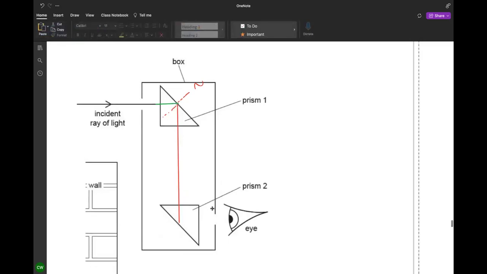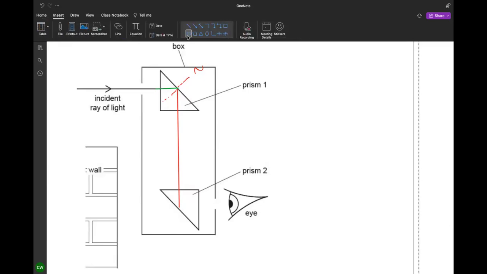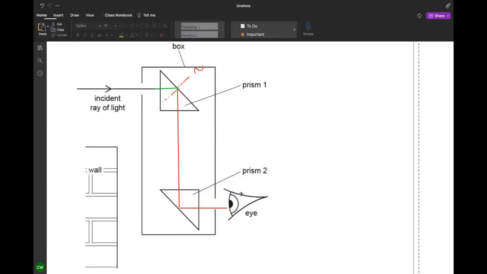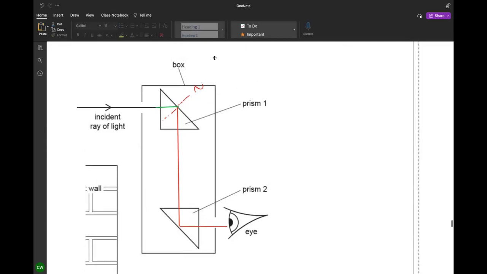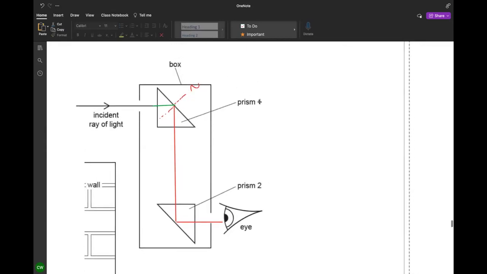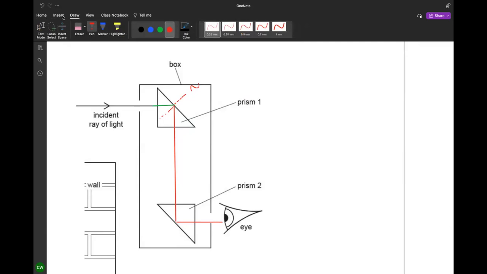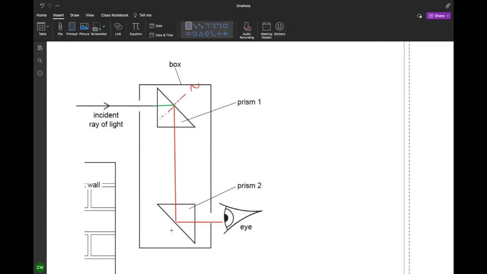Okay, then the ray will be coming into here. So we can see that the mirror and the prism have the same result, but the concept is different, because this is a prism. It's having total internal reflection because of the critical angle.